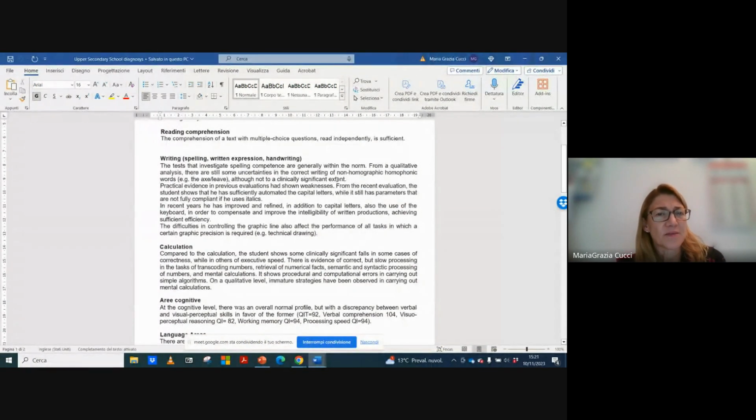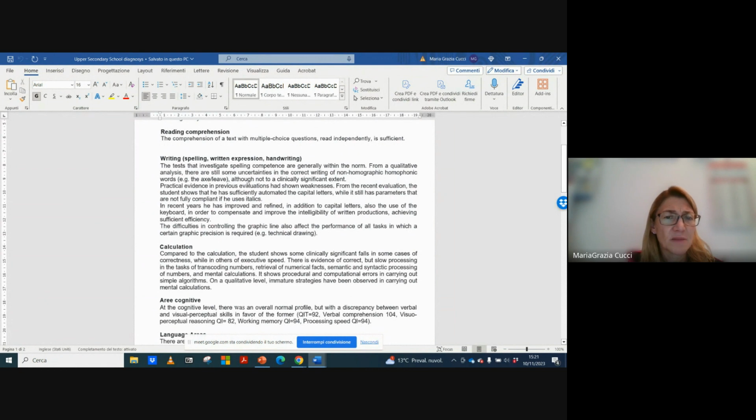The tests that investigate spelling competence are generally within the norm. From a qualitative analysis, there are still some uncertainties in the correct writing of non-homographic homophonic words, although not to a clinically significant extent.